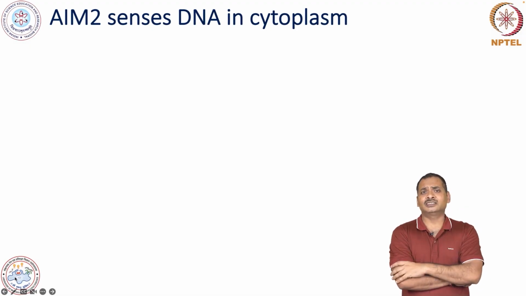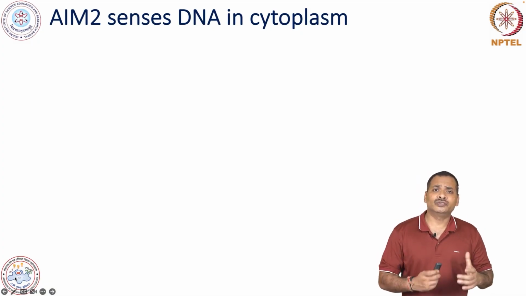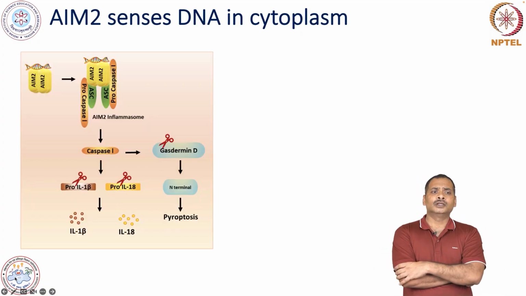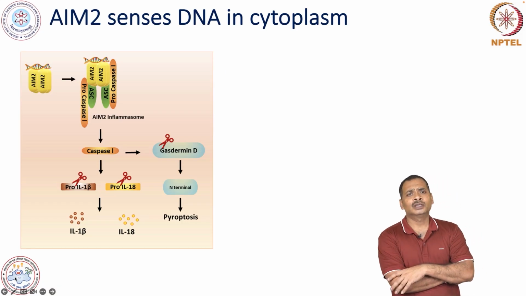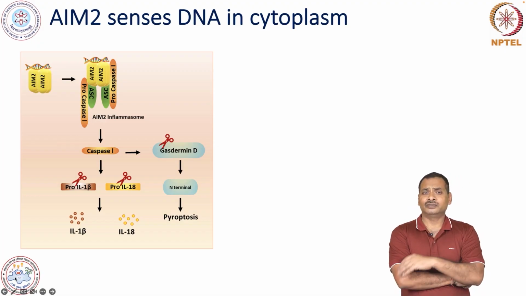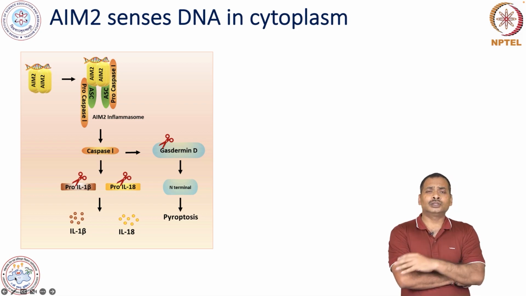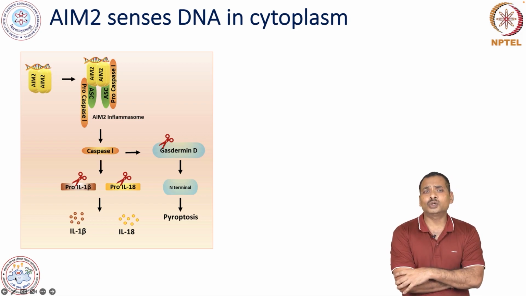This sensor is known as AIM2, and it makes the AIM2 inflammasome. The AIM2 inflammasome consists of the ASC molecule, as I discussed when I was covering the NLR signaling pathway, and it is also associated with procaspase.